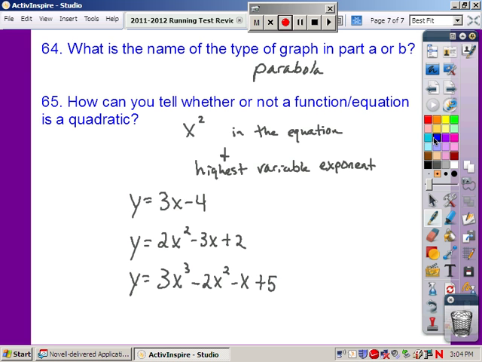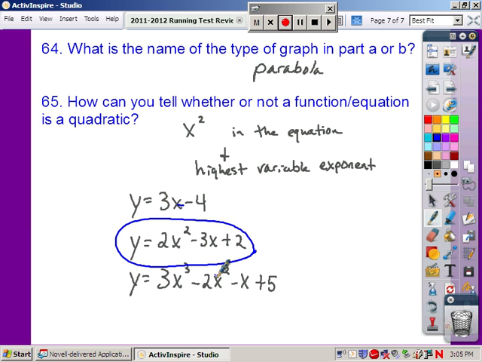So if I was asking you about these three things, I would say this one is the quadratic. Because if you look at this one, it doesn't have an x squared in it at all. That's a linear. This one has an x squared in it, and it's the highest exponent with a variable like that. That's good.